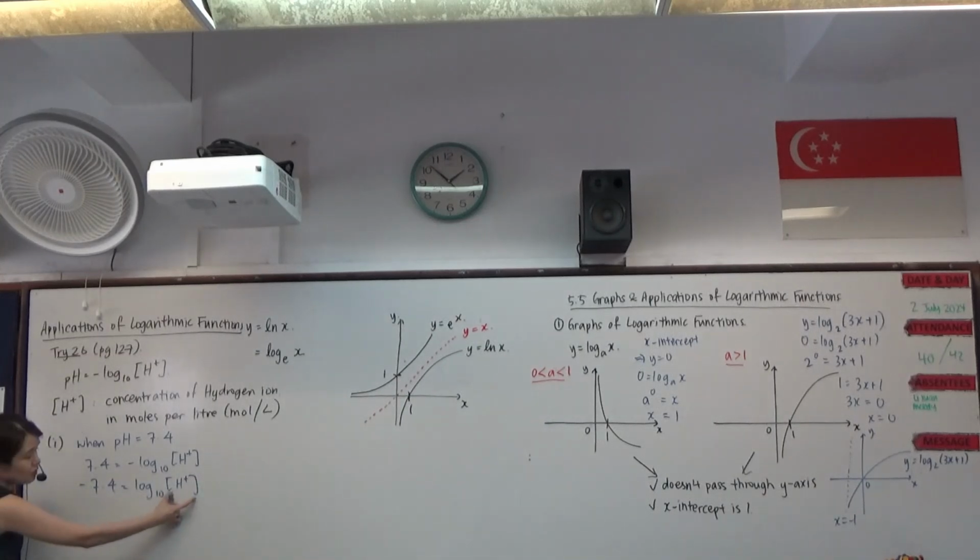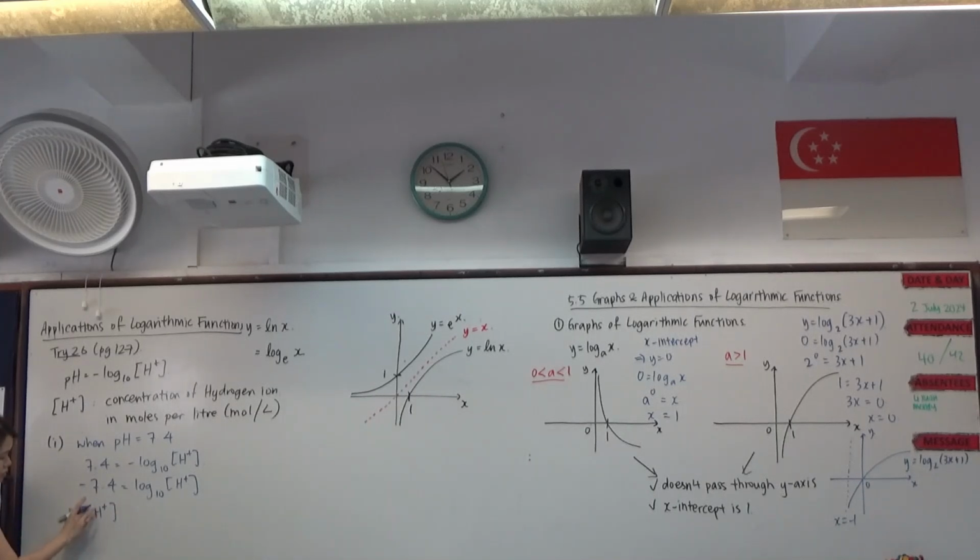We're trying to find the concentration of hydrogen ion. That will equal 10 to the power negative 7.4. Then we press it into a calculator because the question wants it in scientific notation. Is it scientific notation? Oh, okay.